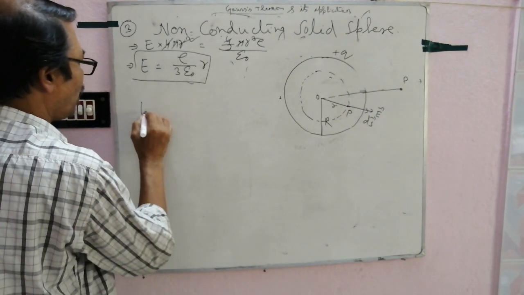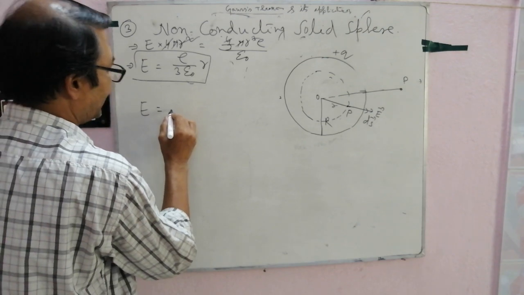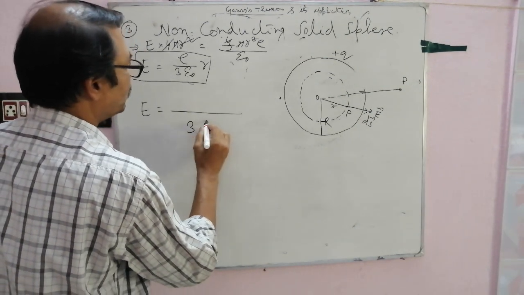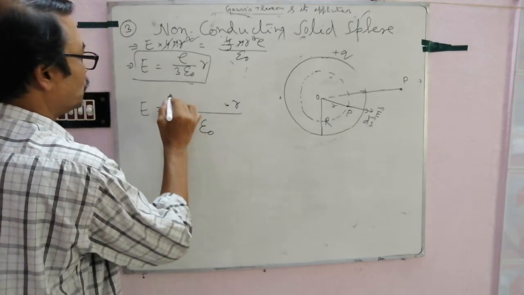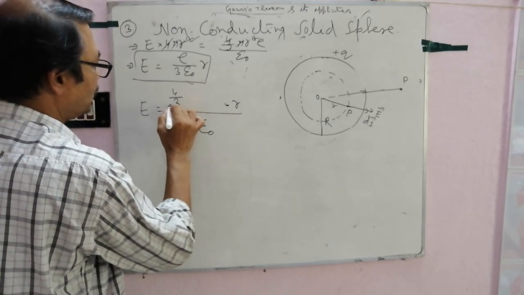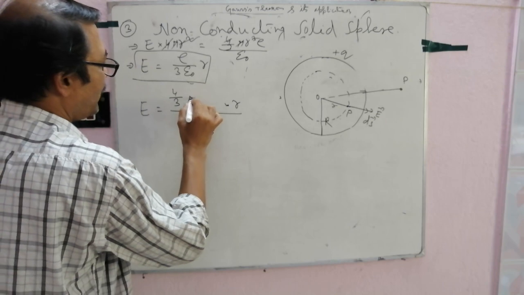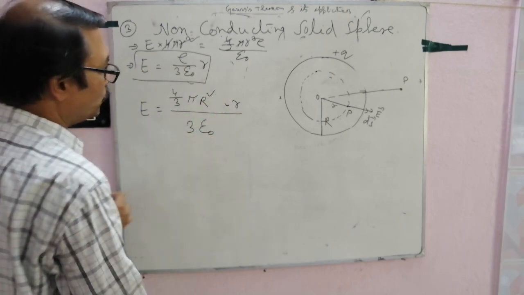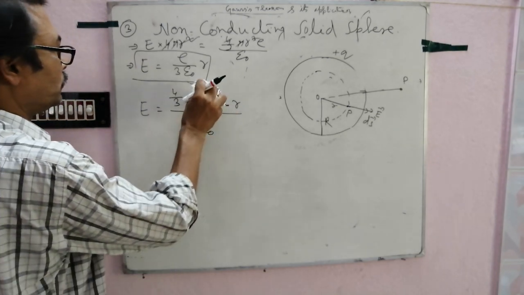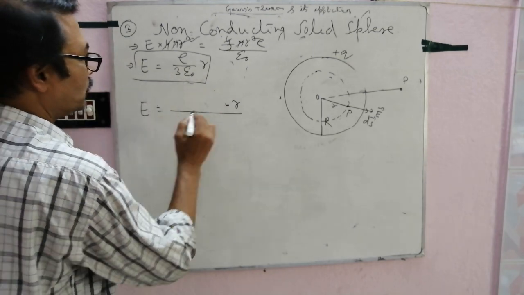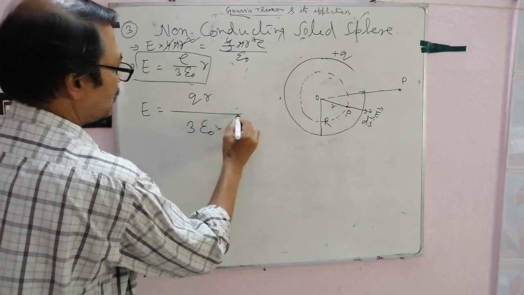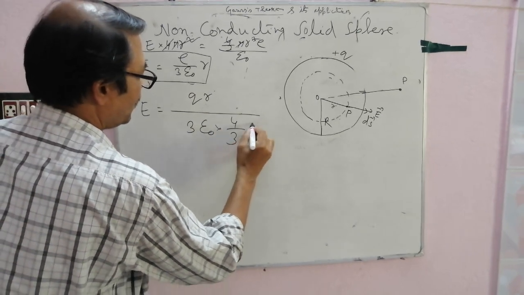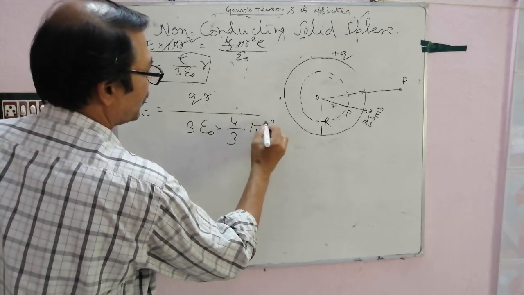If we put the value of rho, another expression we get: 4/3 pi r cube, Q r, 4/3 pi r cube.